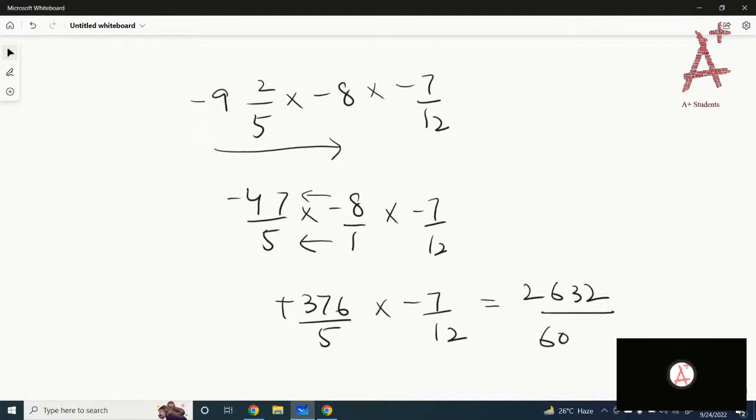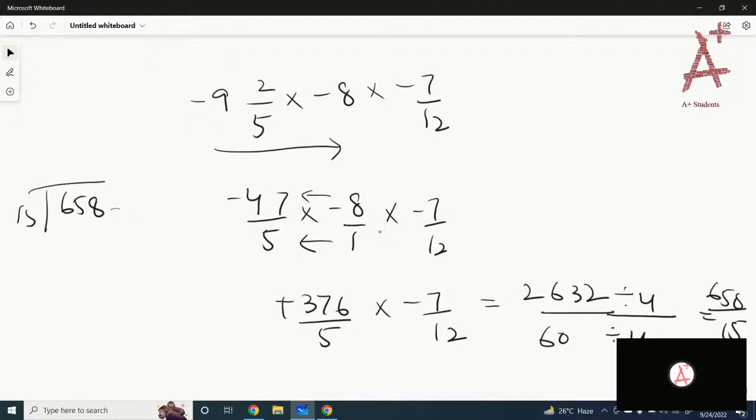You can find a common multiple and divide them. I think 4 would be the common multiple, so just divide both numbers by 4. That would be 658 and 15. Got it? Just divide them and write the answer in mixed fractional form.